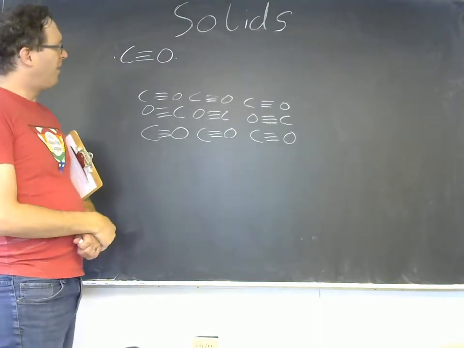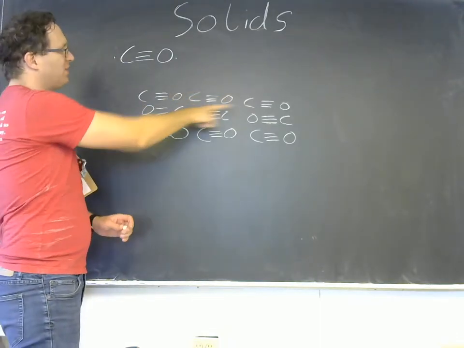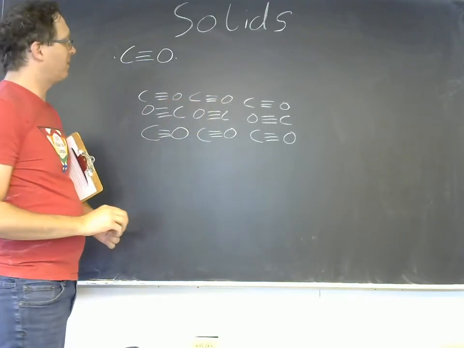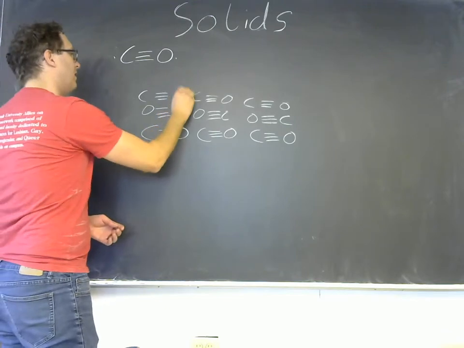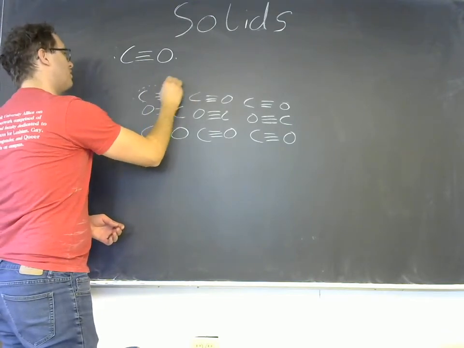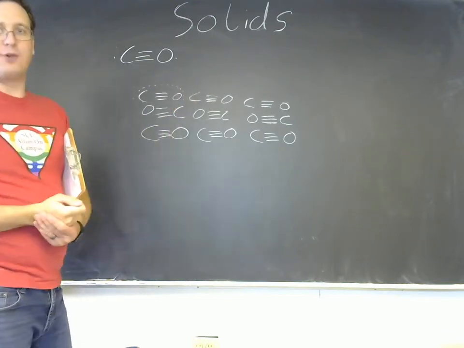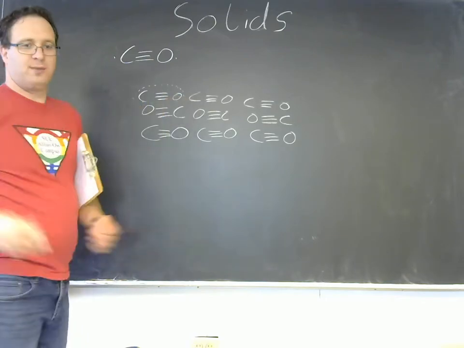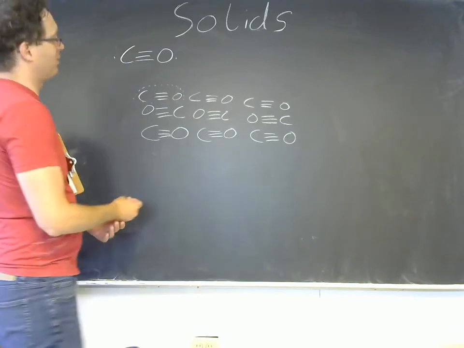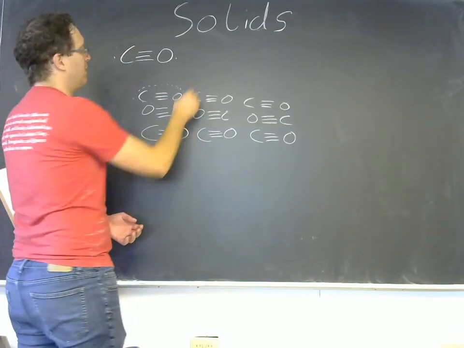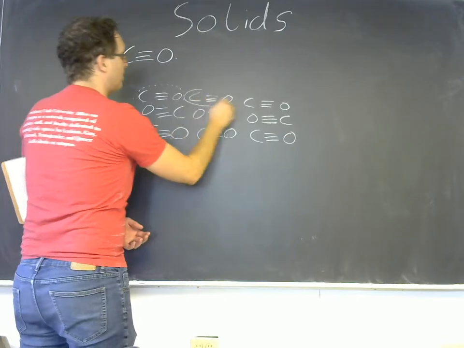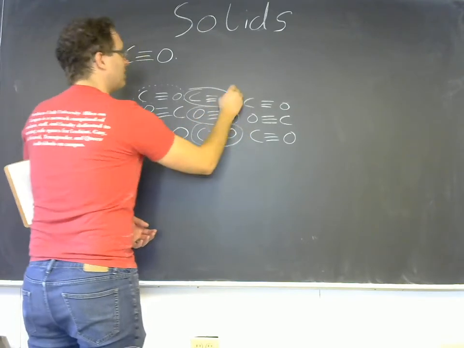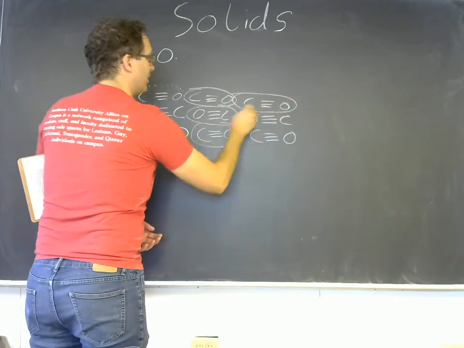It looks like we just have carbons and oxygens alternating in every position, but if you look a little bit closer, you'll realize that this carbon and oxygen are covalently bound together with a triple bond. This carbon and oxygen are just next to each other in the crystal structure. There is no covalent bond. So I can draw circles around each of the individual discrete molecular units.